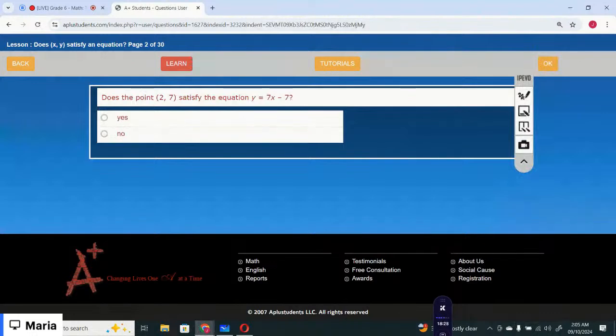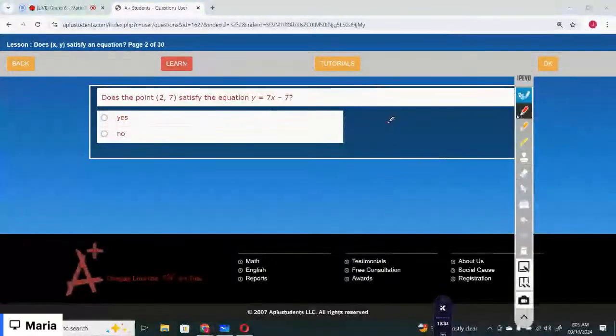Does 2, 7 satisfy the equation y equals 7x minus 7? So the equation is y equals 7x minus 7. x equals 2 and y equals 7. Now let's put in the values. y is 7, x is 2. That is 7 times 2 is 14, and 14 minus 7 is 7. So 7 is equal to 7, right?